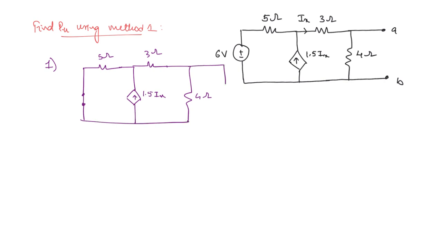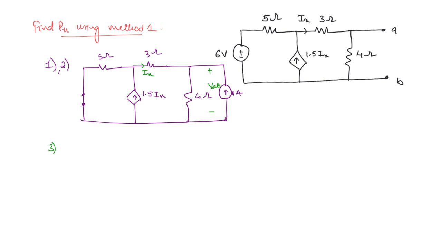Now what is the second step? You have to connect a 1 ampere source here. Now we need to find the voltage VAB, so the third step is to find VAB. Now what was this? The current through 3 ohms is Ix, right?